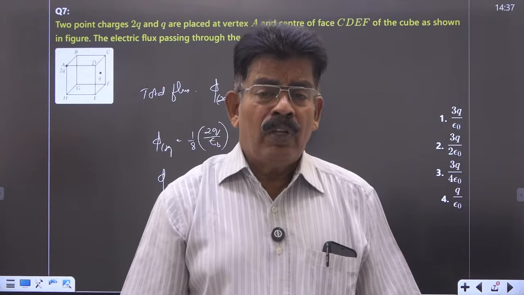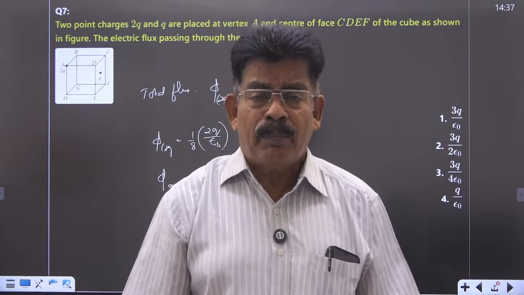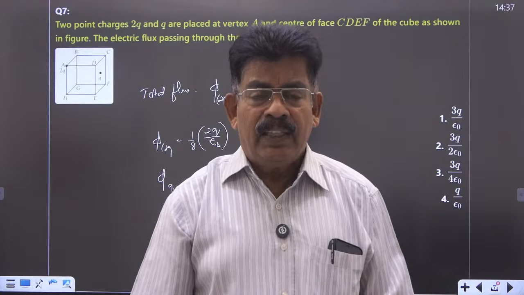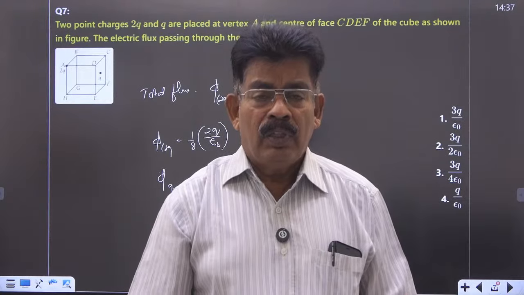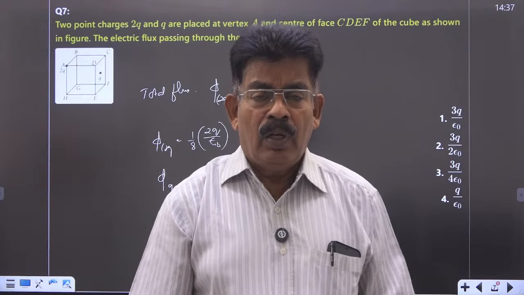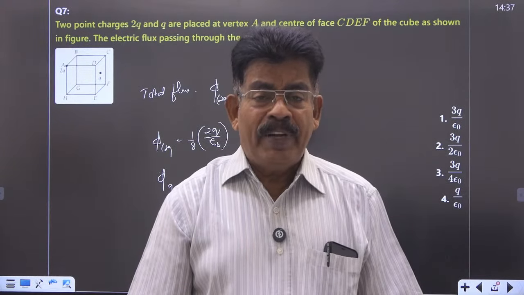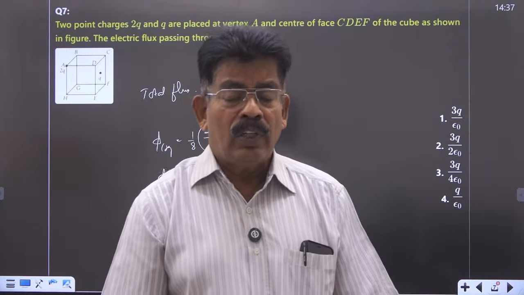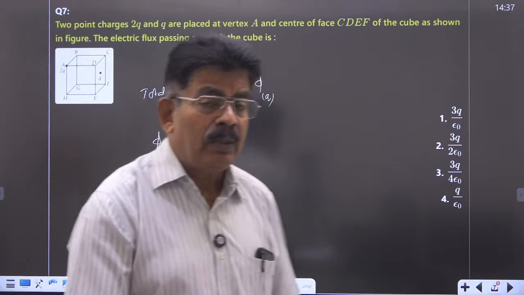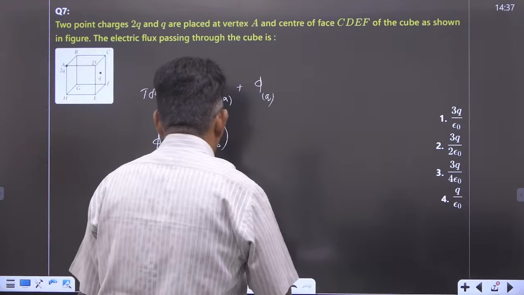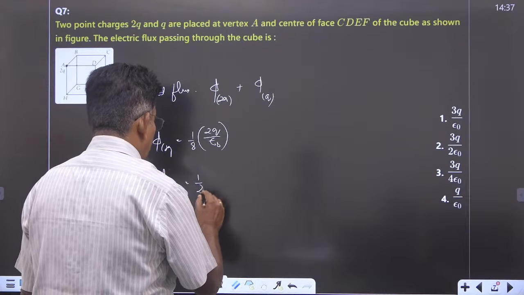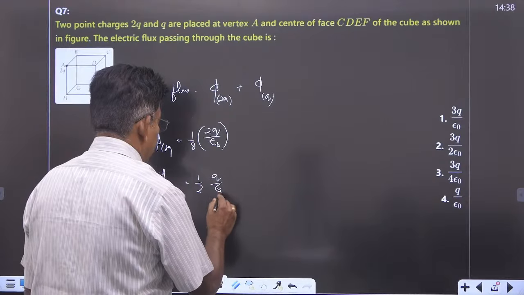In order to facilitate Gauss's theorem application, we are imagining one more cube kept close to it. With both the cubes together, the charge will be at the symmetric center. So total flux will be equally shared by both the cubes. So flux will be 1 by 2 into q by epsilon 0.